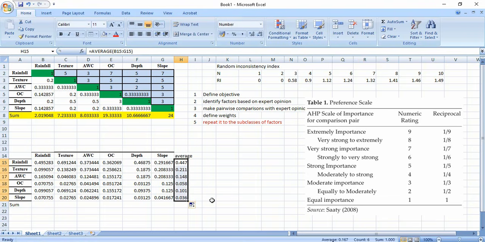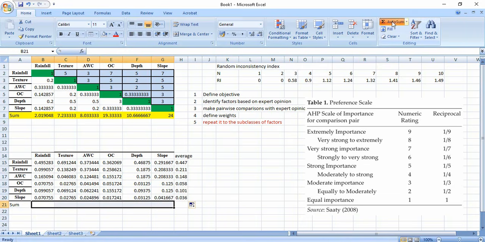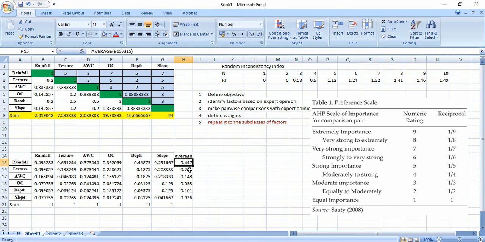You can drag it here, and if you sum it up, it should be 1, meaning the sum of this whole column should be 1. Now this is your average. So these averages are weights for each parameter.